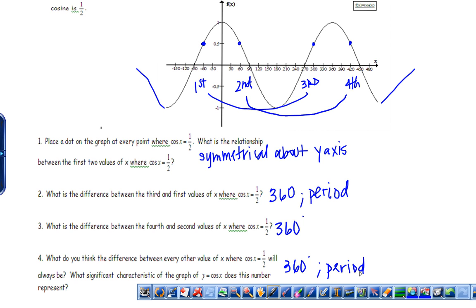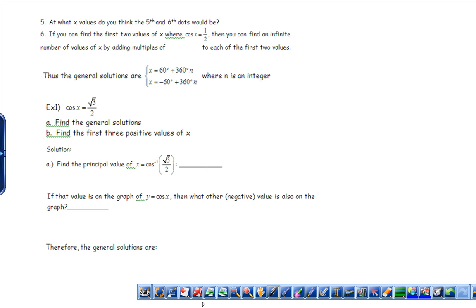Okay, let's move on to number 5. Number 5 says, at what x values do you think the 5th and the 6th dot will be? Well, if we go from 1 to 3, you get 360, and 2 to 4, you get 360, then we can just add.